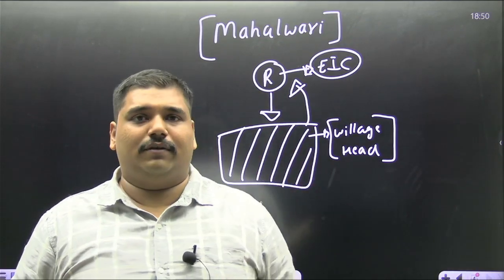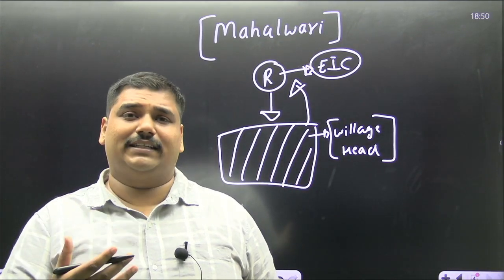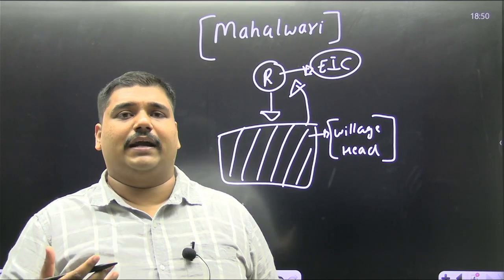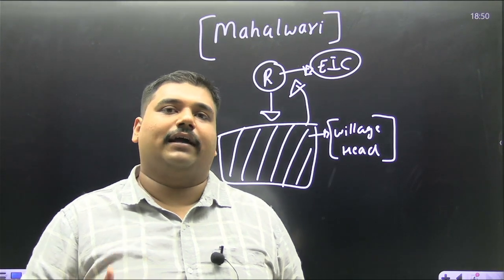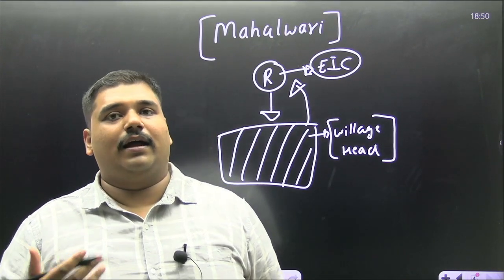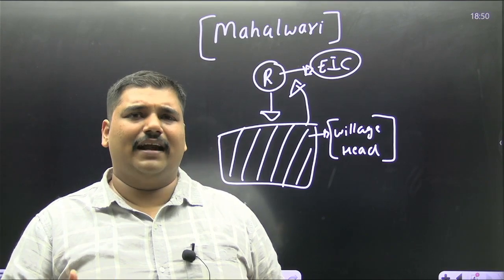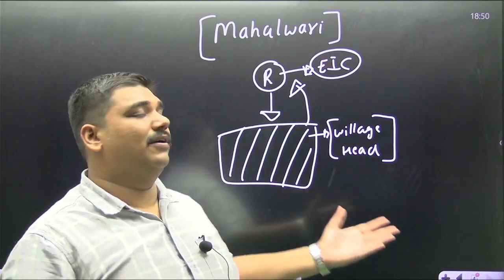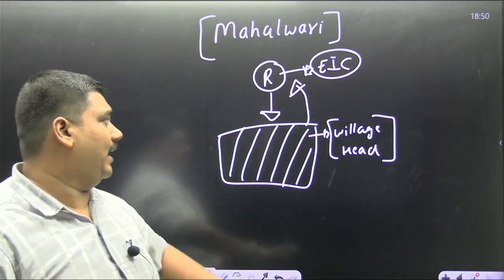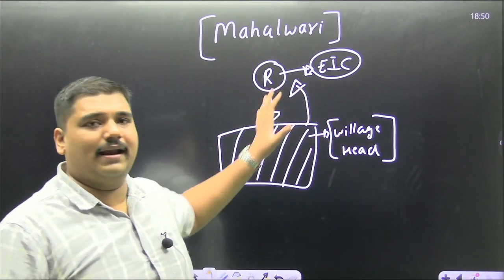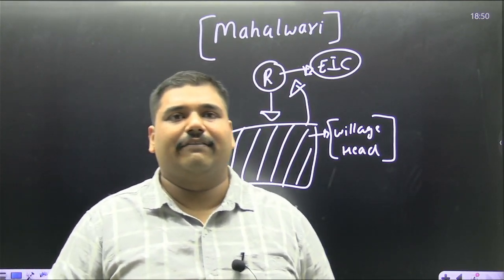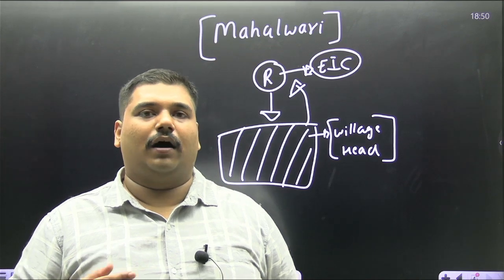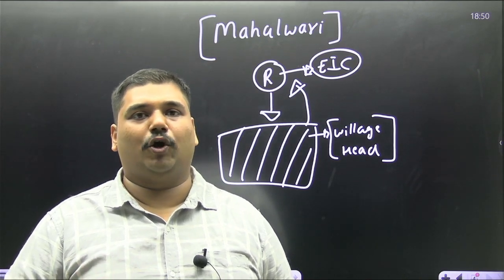In Rayotwari, the East India Company and the Britishers appointed revenue officials who would collect taxes directly from the cultivators. And next was the Mahalwari, where the revenue officials collected the tax from an entire village. So these are the various types of revenue settlements that existed during the colonial era.